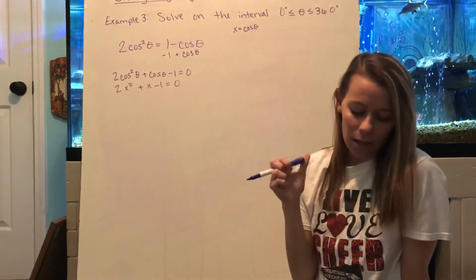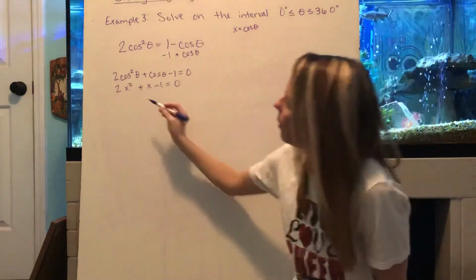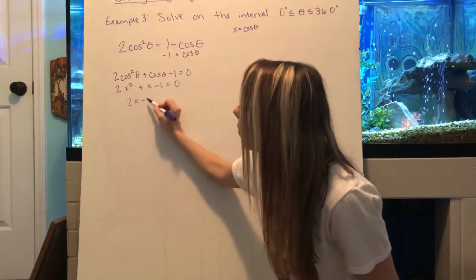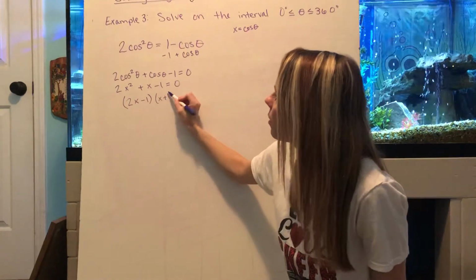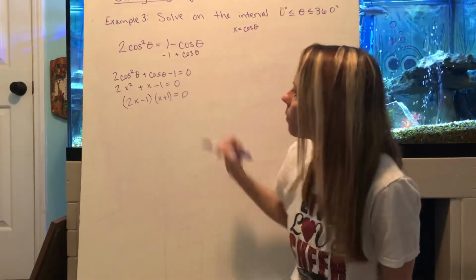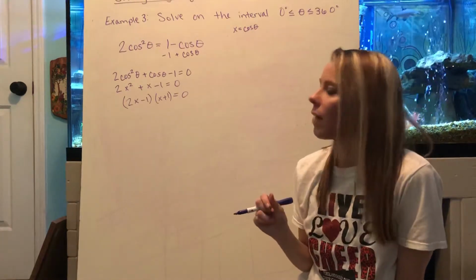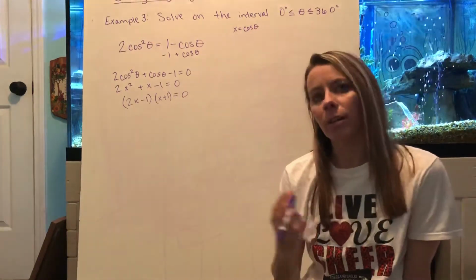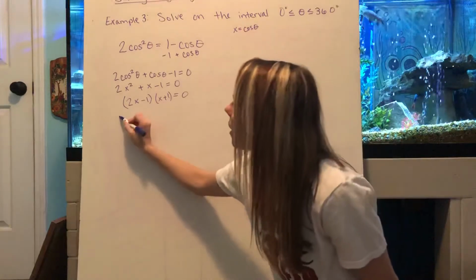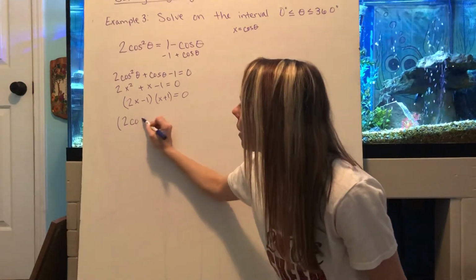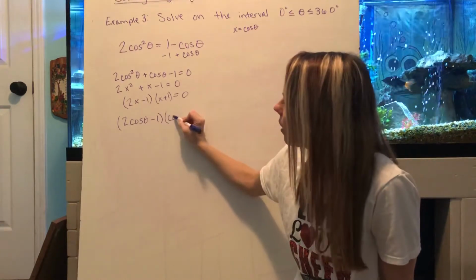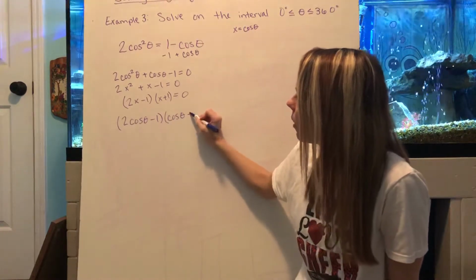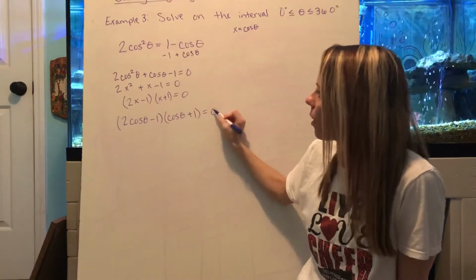Okay, from there we are going to factor it, and we have 2x minus 1 times x plus 1 equals 0. After we go ahead and factor it, we can put the cosine back in. So we have 2 cosine theta minus 1 times cosine theta plus 1 equals 0.